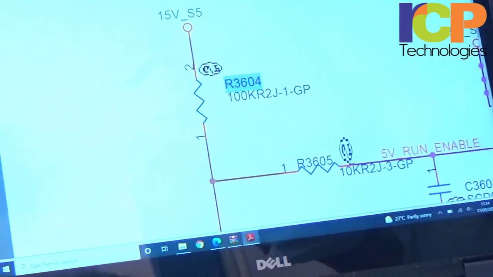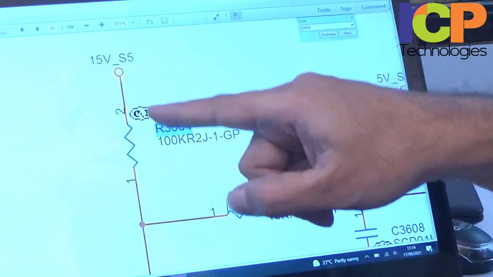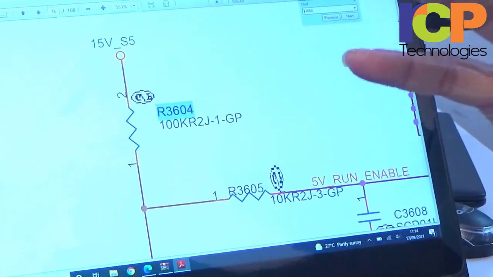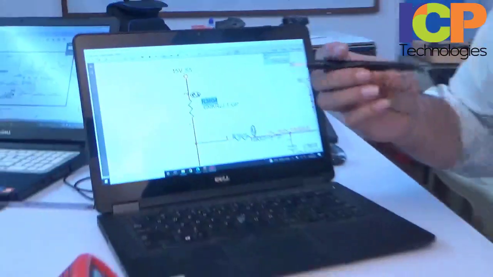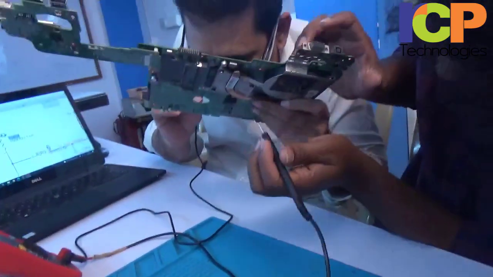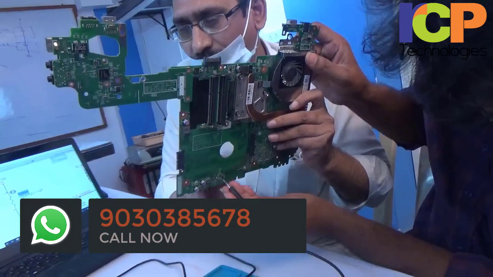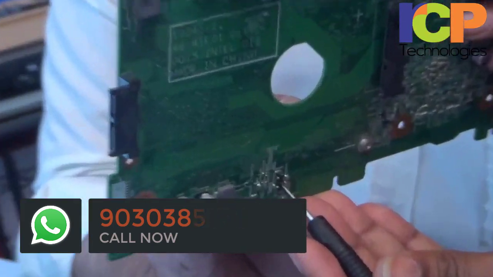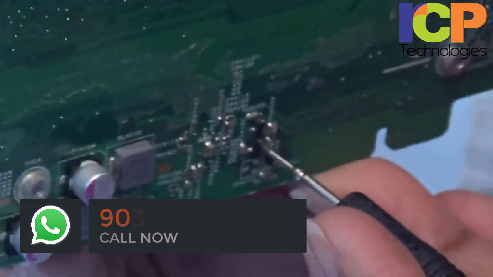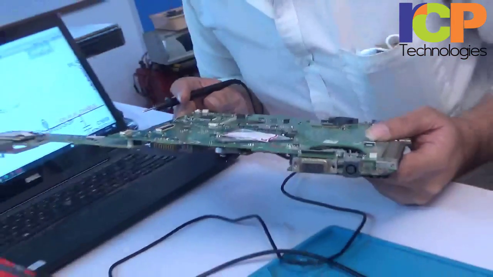Okay, that is present at the diode, but not present at this one. We'll check the continuity. No, sir. No continuity is there. That means somewhere the track is broken.